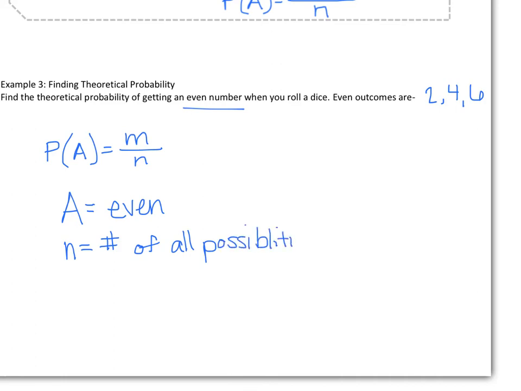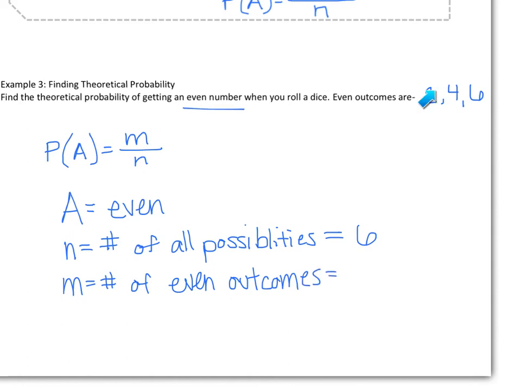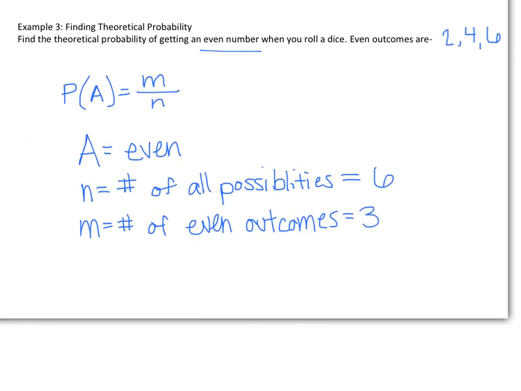And we already said there's 6 possible outcomes when we roll a dice. m is our number of favorable, so that means our even outcomes. And how many even outcomes do we have? 1, 2, 3. We've got 3. So now we'll just plug it in. So P of even, the probability of even, n goes on bottom, so that's 6. 3 on top. Reduce it, we get 1/2.